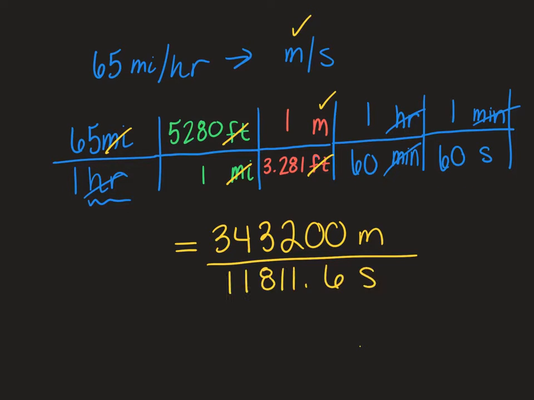So that gives us 11,811.6. And then we divide those two numbers, and our final answer is 29.06 meters per second. Okay?